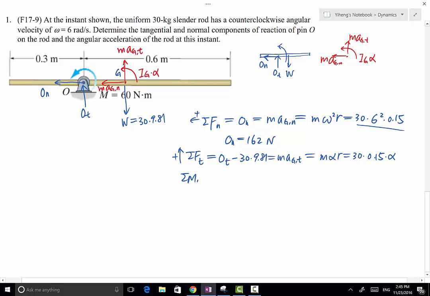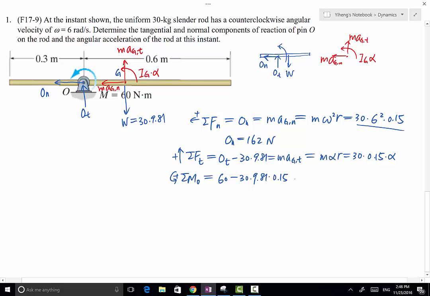So the resultant moment about point O, counterclockwise is positive. We have the free couple moment, 60 Newton meter. And also the weight force is creating clockwise rotation. So negative 30 times 9.81 times the moment arm, which is the same r, the distance from point G to point O, the rotation center, and that is 0.15 meter.